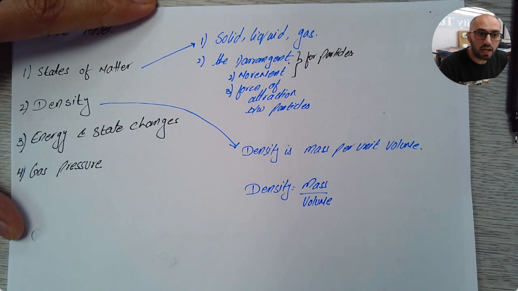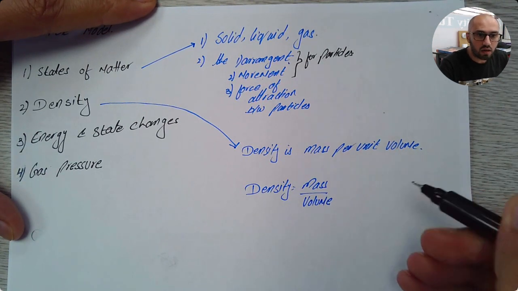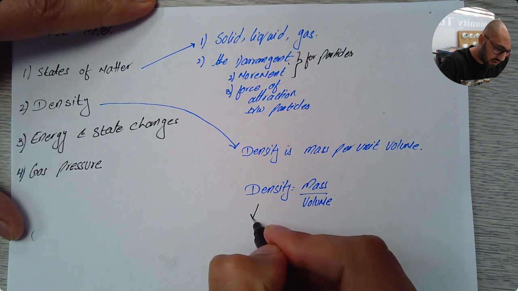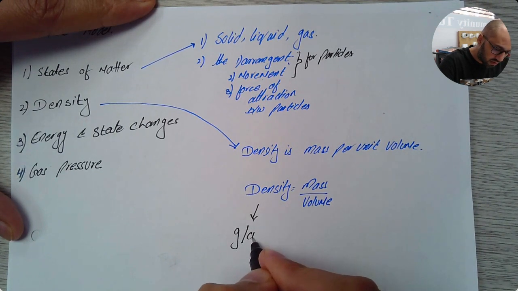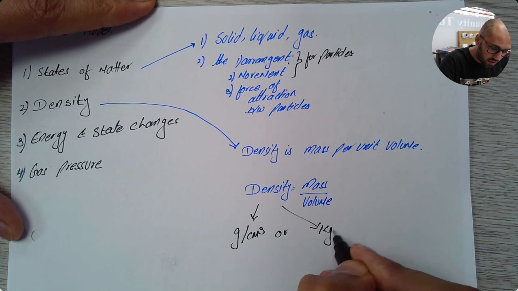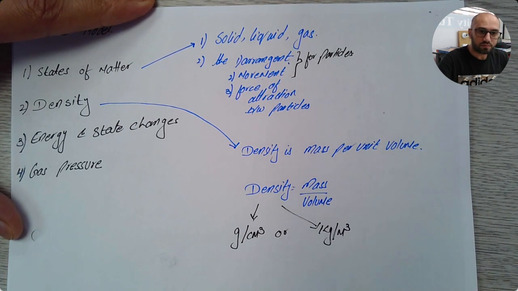Now, density can have number of units depending on the unit of mass and volume that has been used in the calculation. So density can be in grams per centimeter cube, or it could be in kg per meter cube.